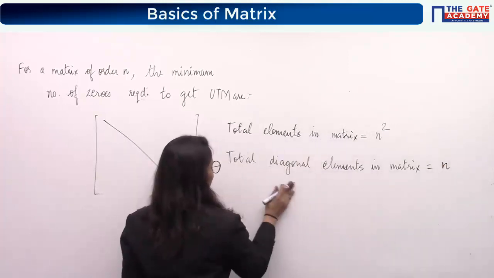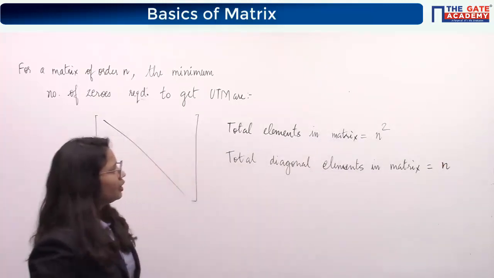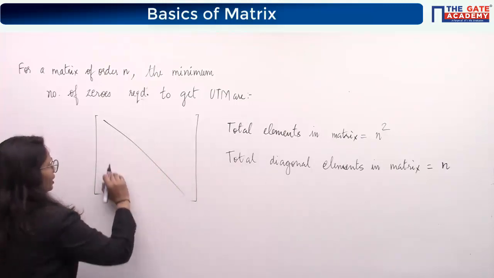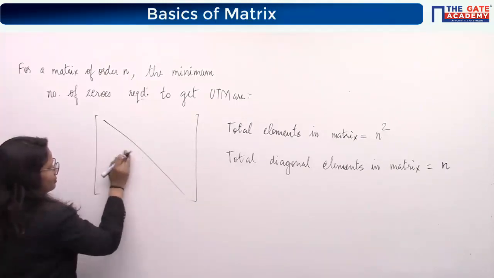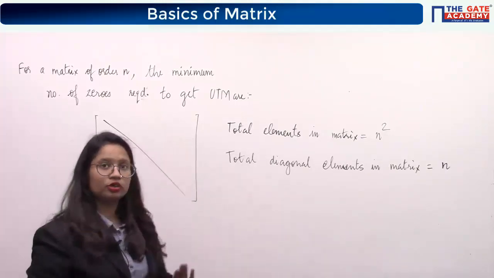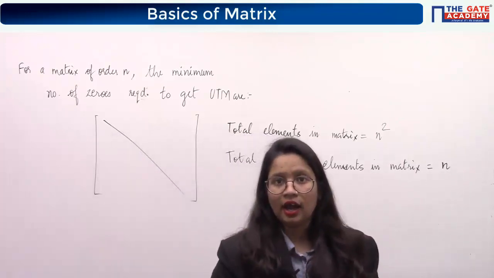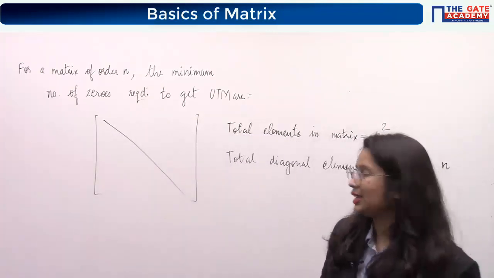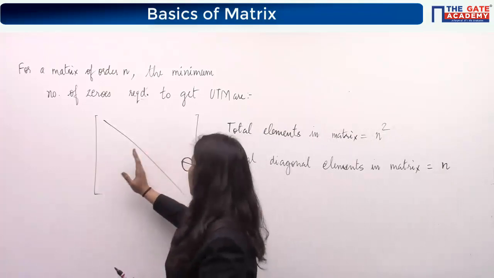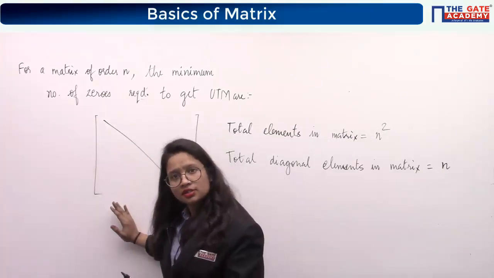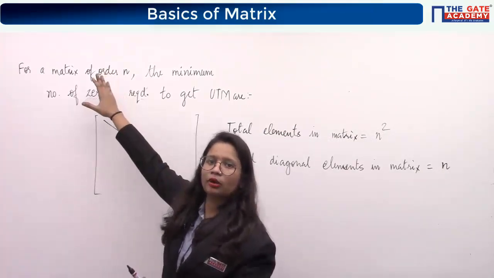So can I say that the remaining elements will be n square minus n, means these many and these many. Total are n square minus n, and what I want is that among these, half of them should be zeros, so that we get an upper triangular matrix.